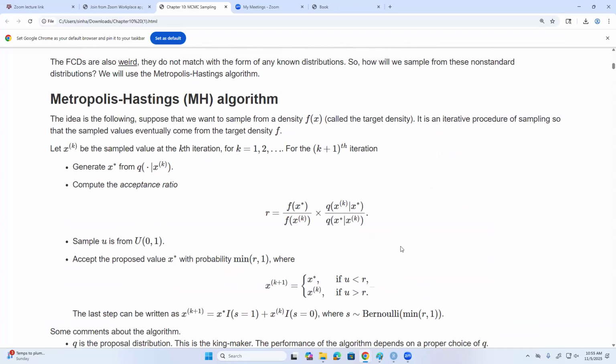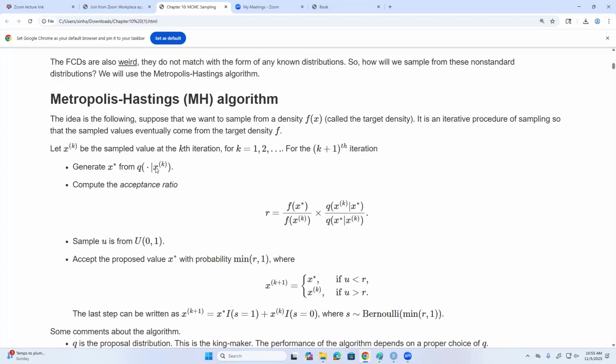Another thing is, this is a Markov chain Monte Carlo algorithm. The overall structure is the Markov chain. That means it is a chain: one iteration depends on the previous iteration, right?